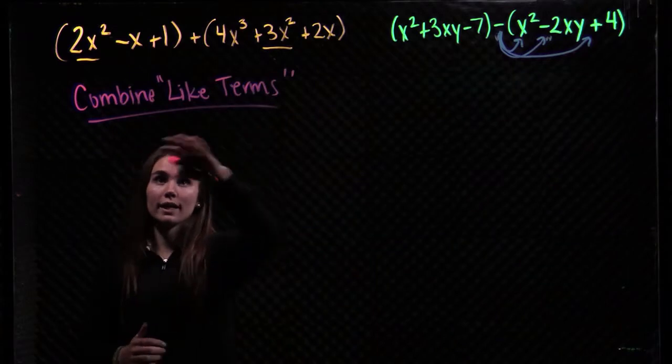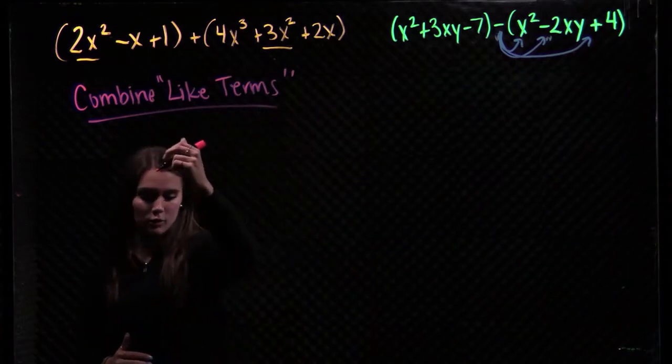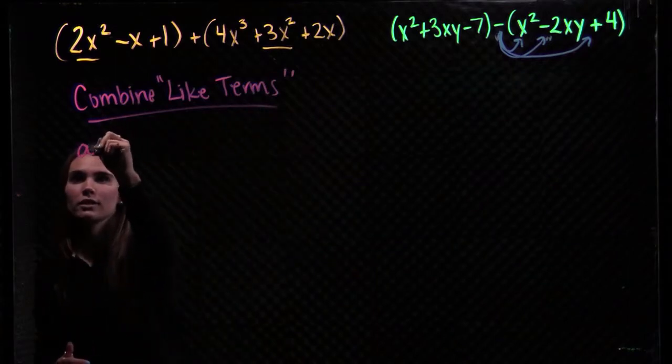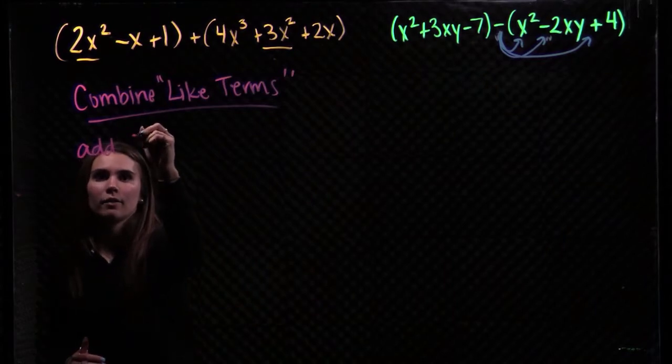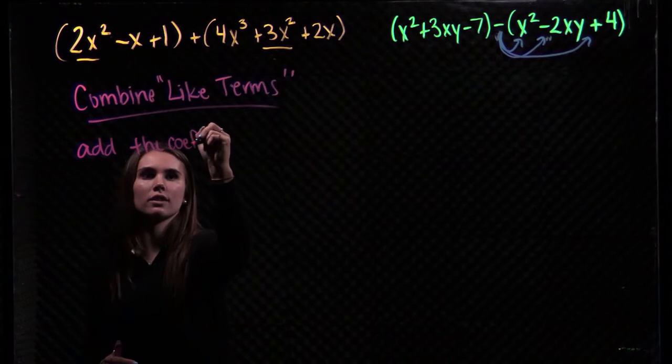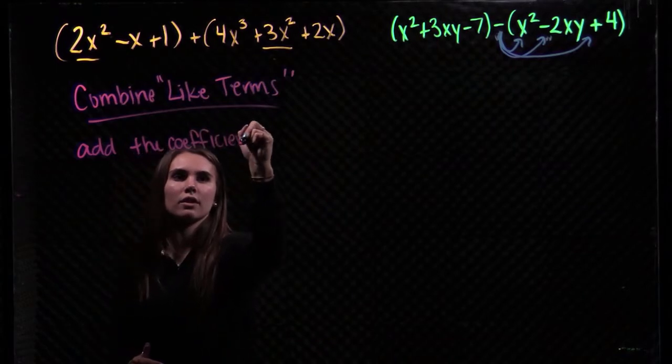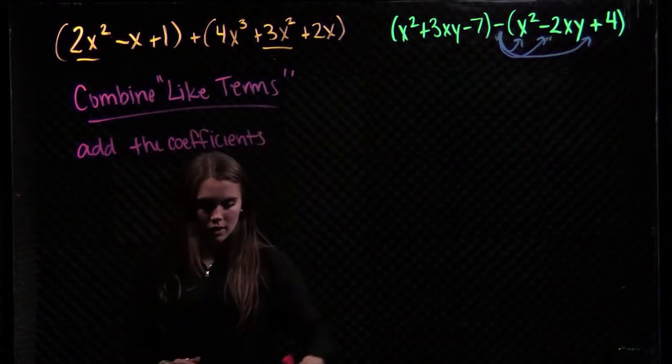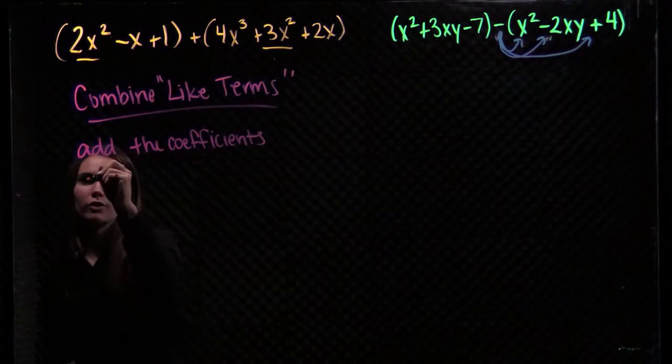And another way of saying combining like terms is that we are adding the coefficients of the same variable degree.